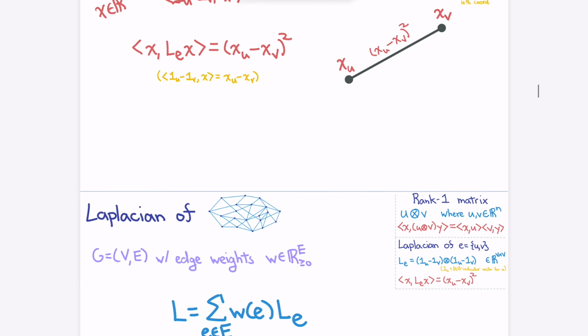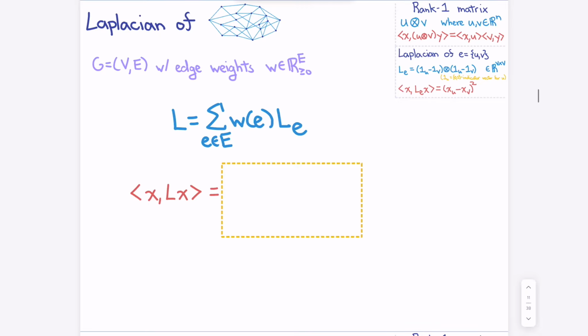Okay, and the Laplacian of a full graph will just be the weighted sum of those individual small matrices, those individual rank one terms. You have all these rank one terms, each representing one edge, and the weighted combination will let you model the whole graph. So for example, if I now do xLx, where L is for the whole graph, what does this start to look like?